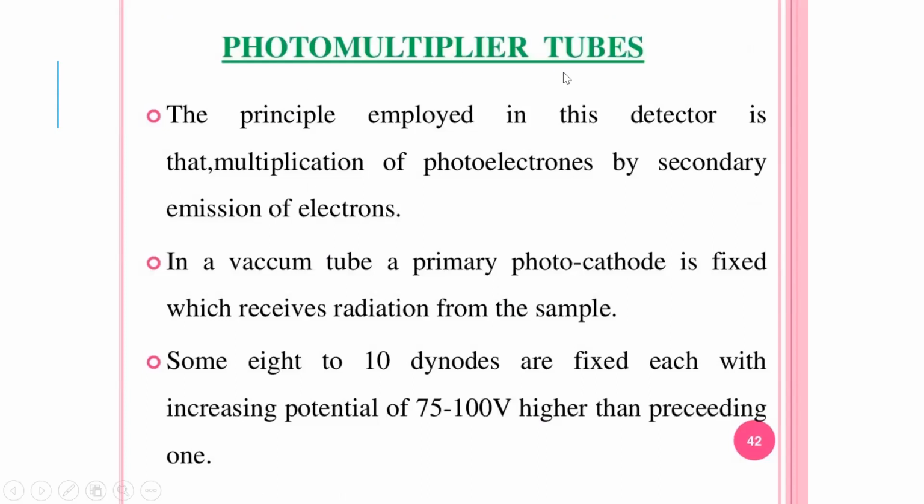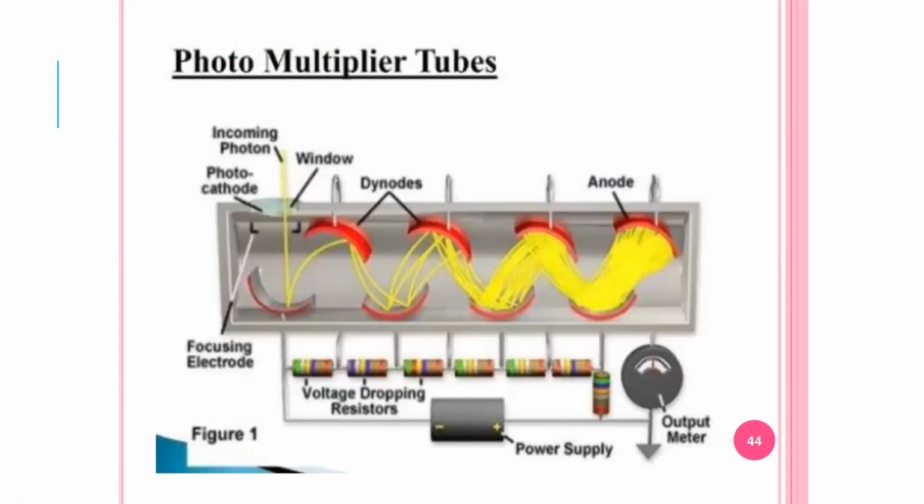Third detector is the photomultiplier tube. Here the principle is multiplication of the electrons produced. It contains one photocathode, 8 to 10 dynodes, and an anode.